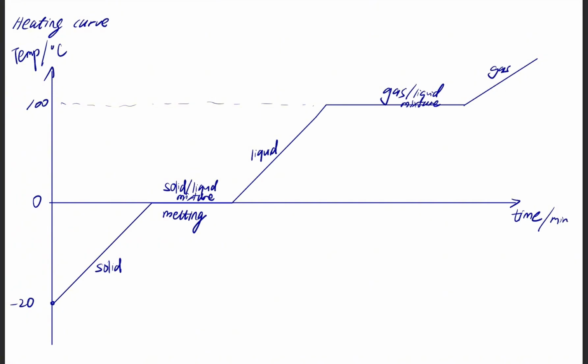Now, I'm going to ask you to reverse it. So if this process is called boiling, what is the reverse process when gas changes back to liquid? It's actually condensation. And what happens when liquid changes back to solid?